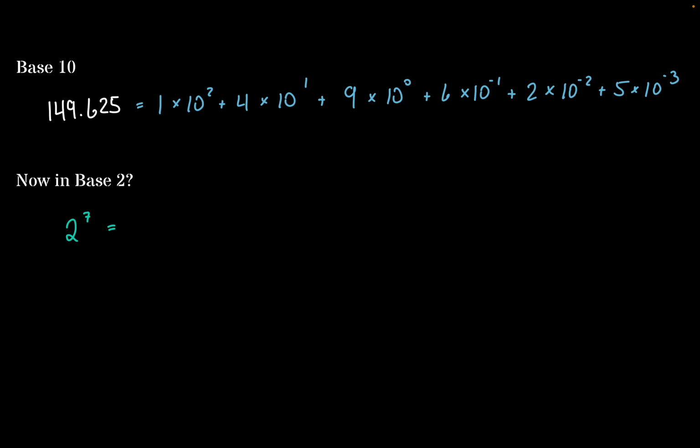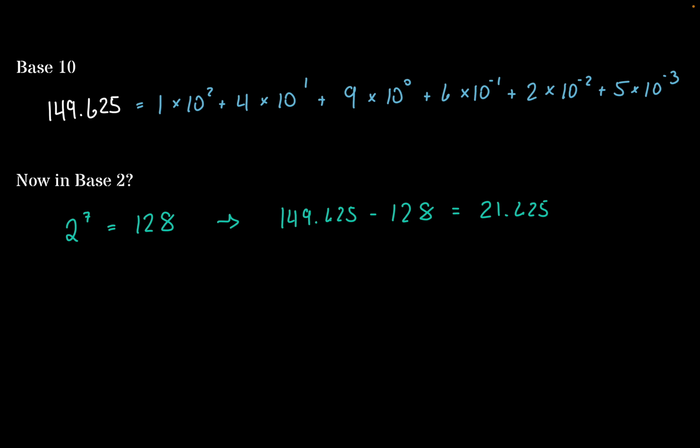And this is equal to 128. So the next step is to subtract 128 from 149.625 to find our remainder. So we'll have 21.625. And then we repeat this process over and over again until we're left with 0.